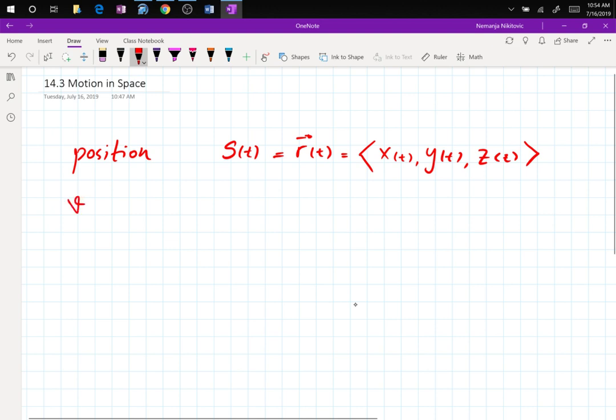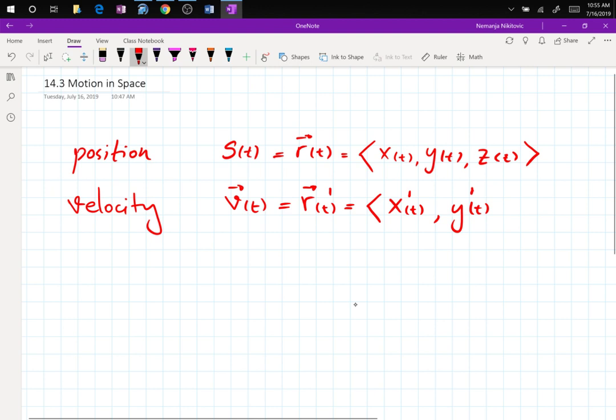The next one is velocity. And velocity as v of t, it's a vector, is going to be the derivative of r of t. We covered the derivatives last class, so you know that you are just supposed to take independent derivatives of each of the components, and you are done with that. Now, speed.